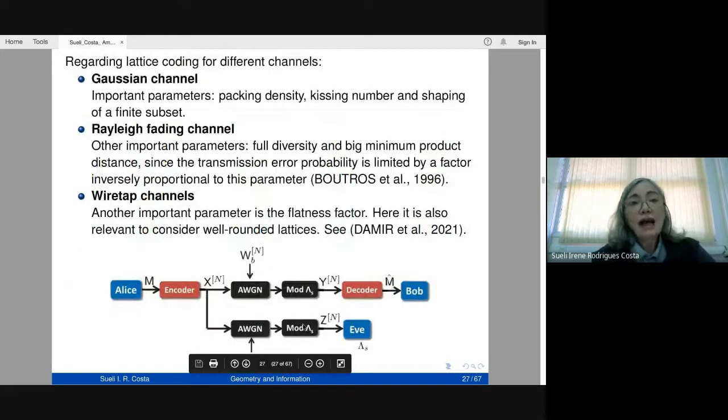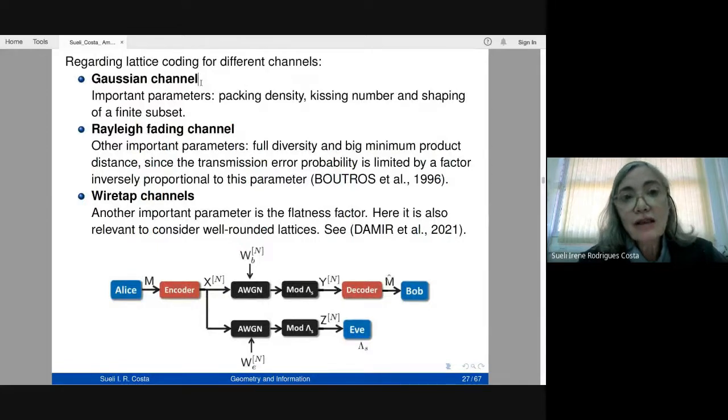So, regarding lattice coding for different channels, if you consider a Gaussian channel, which means the noise is distributed according to a Gaussian probability, a kind of round distribution of noise, the important parameters are packing density, kissing number, and shaping of a finite subset.